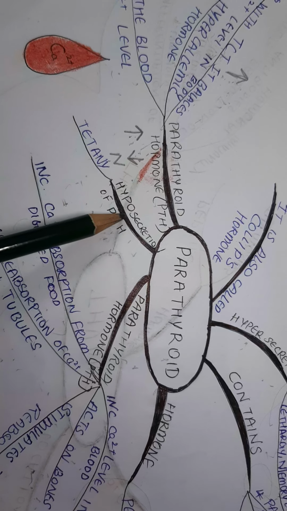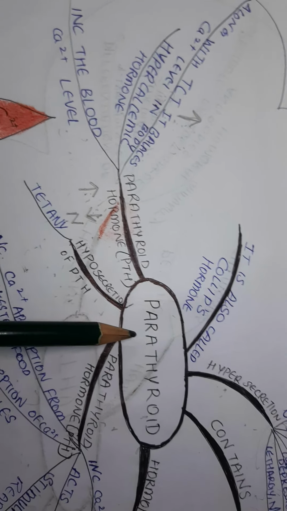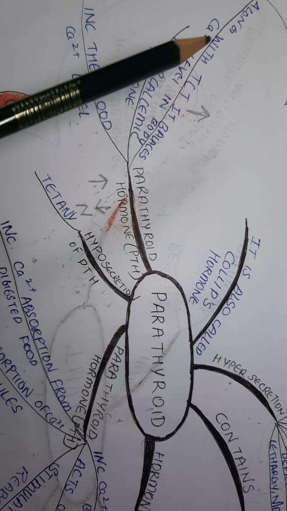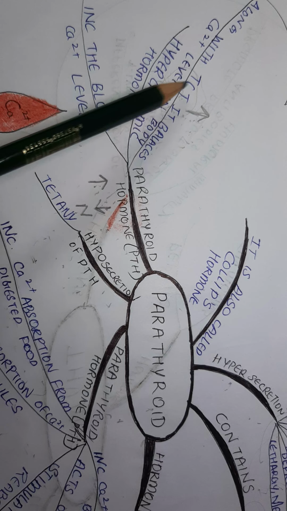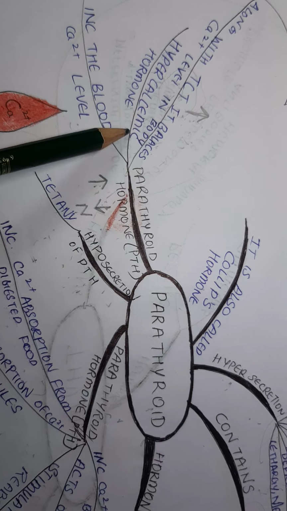Now, parathyroid hormone along with TCT, which means thyrocalcitonin, a hormone of the thyroid gland, we have already studied that. So, parathyroid hormone along with thyrocalcitonin regulate the calcium levels in our body.